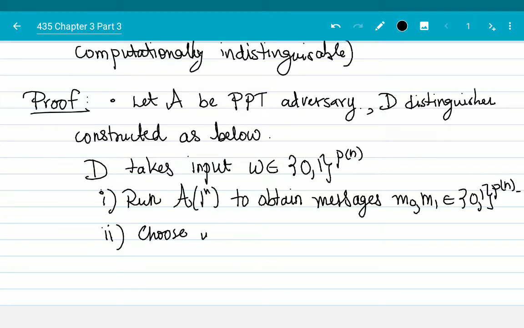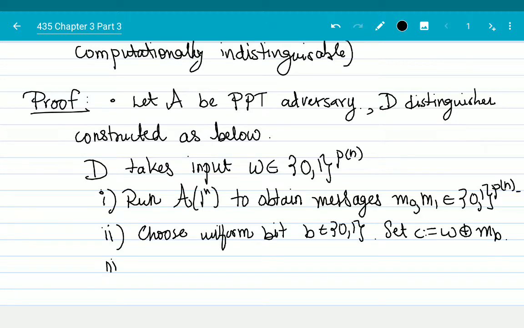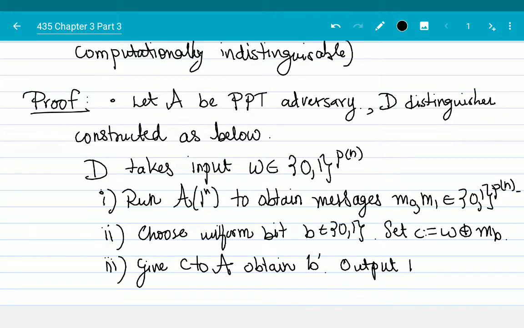Choose a uniform bit b in {0,1}, set c equal to w XOR m_b. Then give c to A and obtain output b'. Output 1 if b equals b' and 0 otherwise.